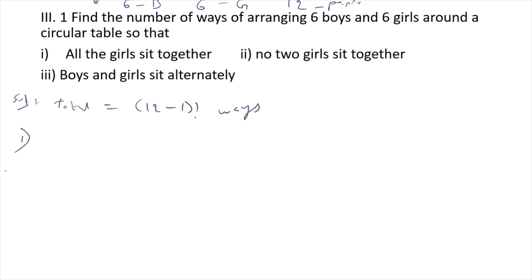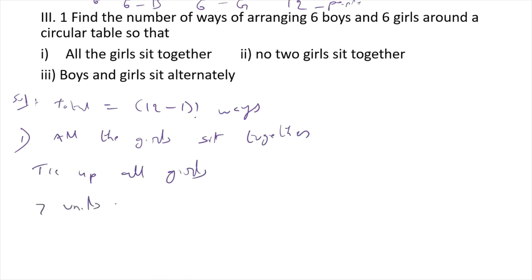Now let us answer the first question. So what is the first question? All the girls sit together. All the girls sit together means we have to tie up all the girls. If you tie up all girls, then what you have is 7 units of people. Now you can arrange these 7 units in 7 minus 1 factorial ways.